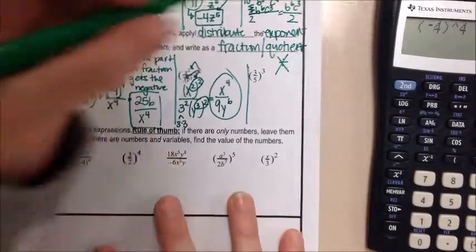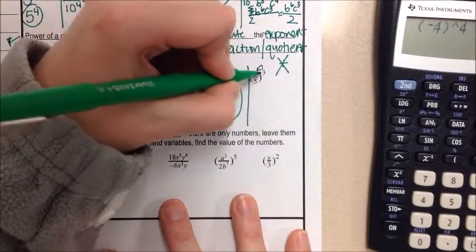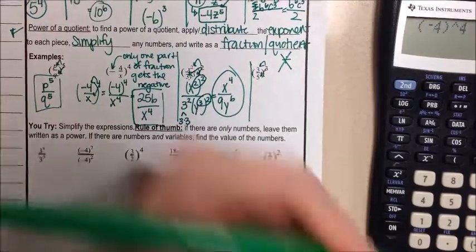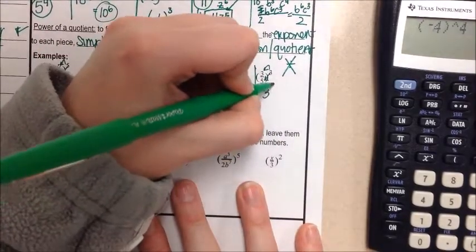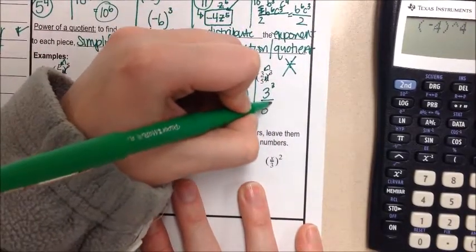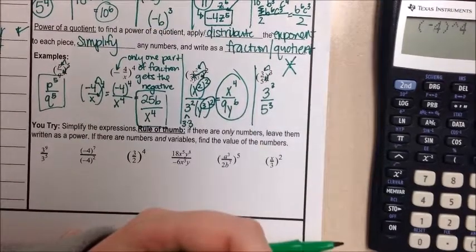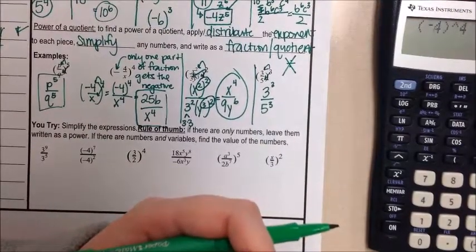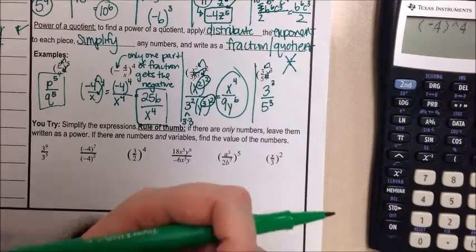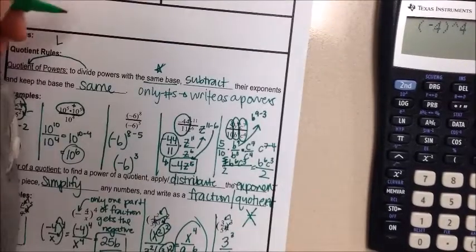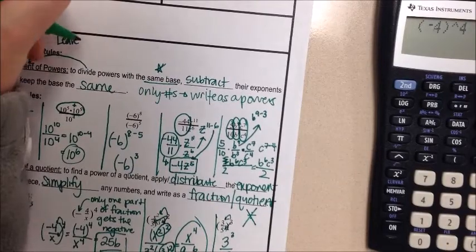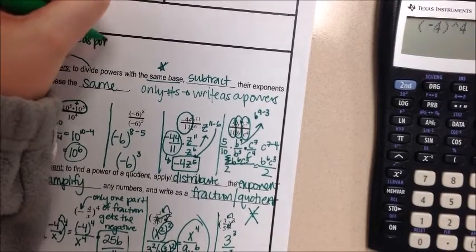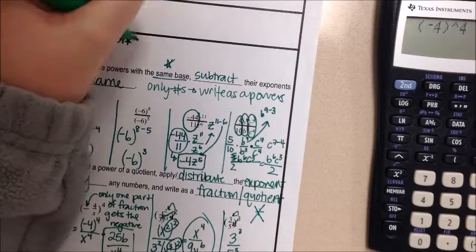And then this last one, back to something simple. Just distributing that 3, that cubed. So I have 3 cubed over 5 cubed, and because it's only numbers, I'm leaving it as a power. On your test, I will make sure to tell you to leave it as a power or don't leave it as a power. So if I say leave as a power, that means don't evaluate.